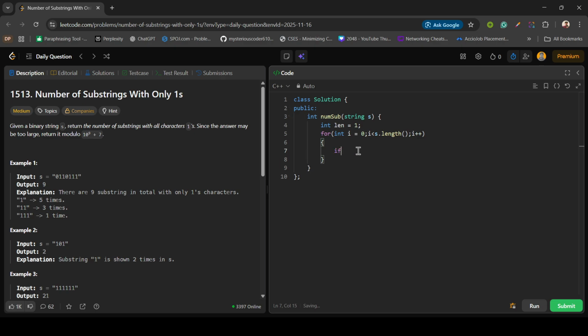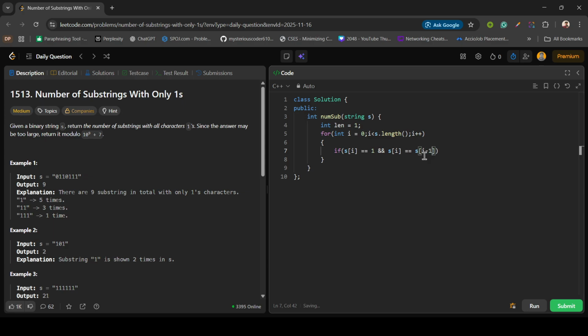Here we will write if s of i equals 1. Okay, or I will write if s of i equals 1 and s of i equals s of i minus 1.